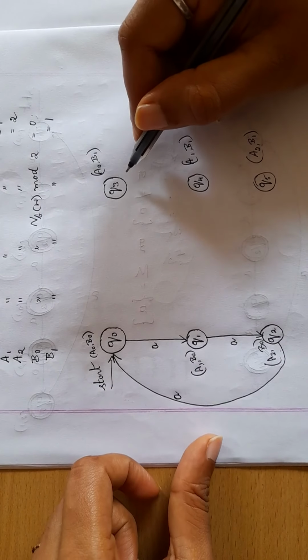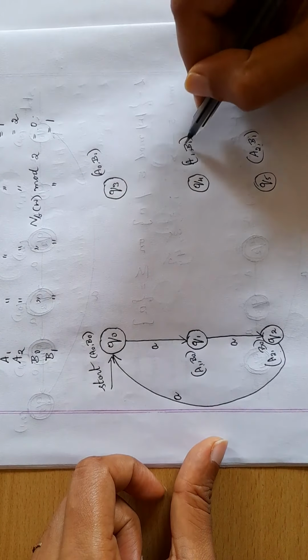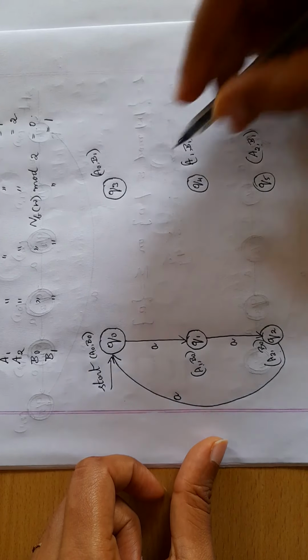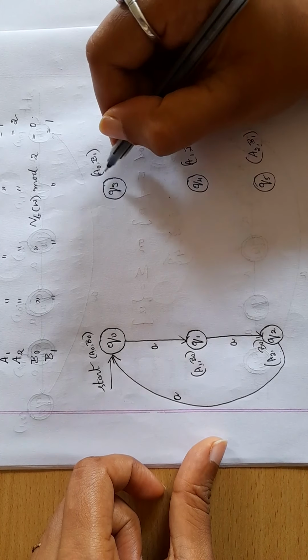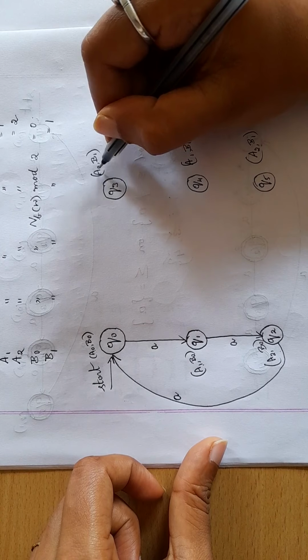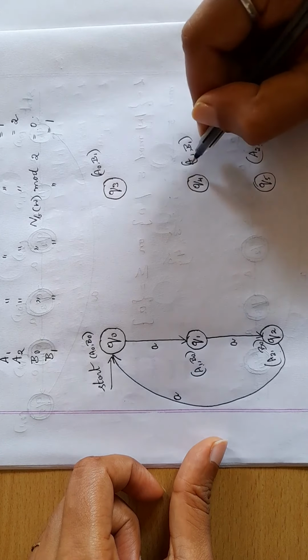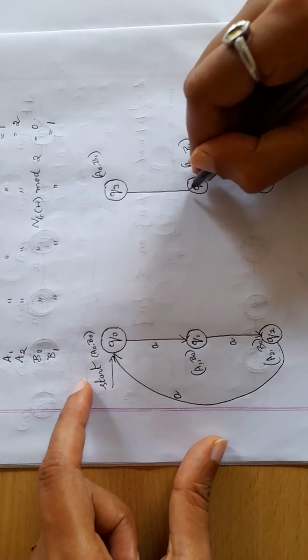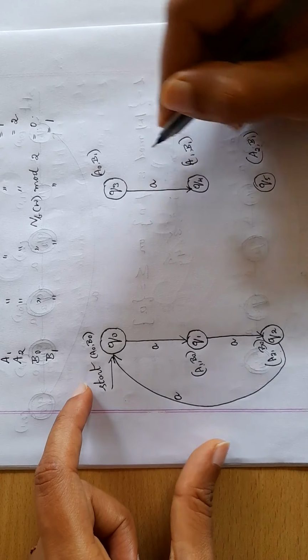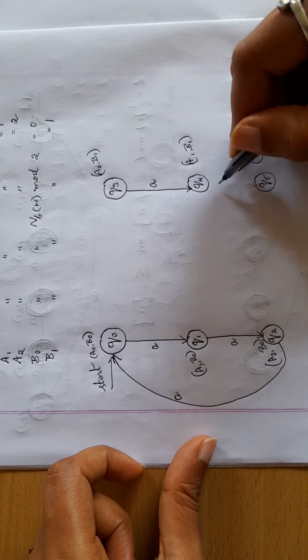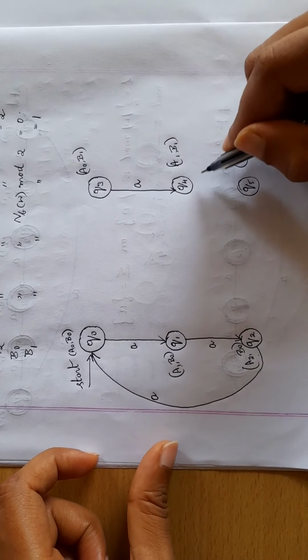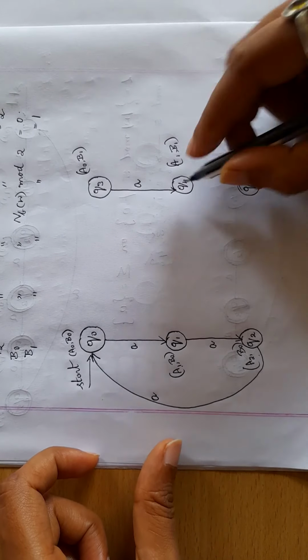Similarly, I will write here. B1, B1, B1 is a combination here. So from Q3, from A0, if I read A from Q3, where does it go? A0 to A1. If I read the next A from Q4, A1 goes to A2.